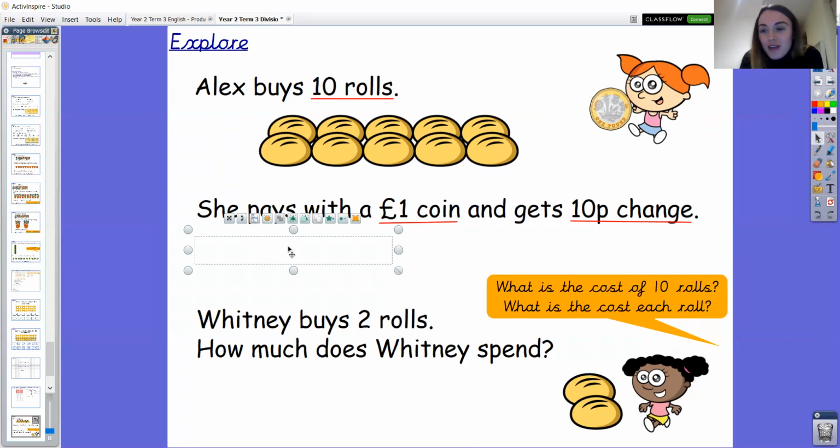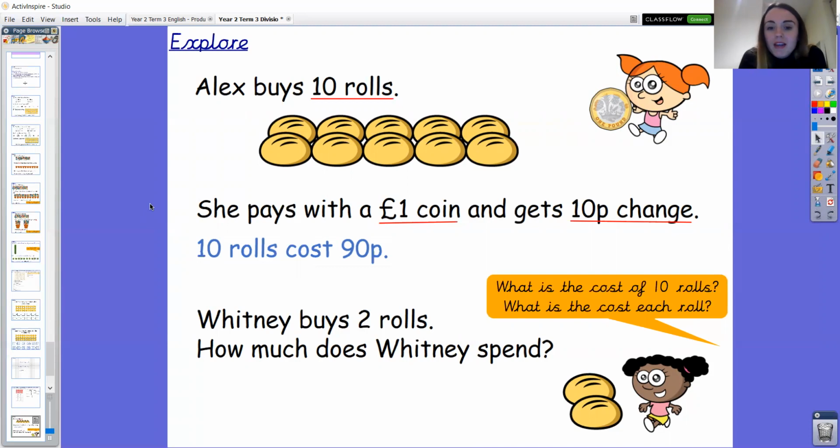Well done, Year 2. So we know that there's 100 pence in a pound, okay? So 10 less than 100 equals 90. Or 1 ten less than 10 tens is 9 tens. So 10 rolls cost 90p. Let's say it together. 10 rolls cost 90p.